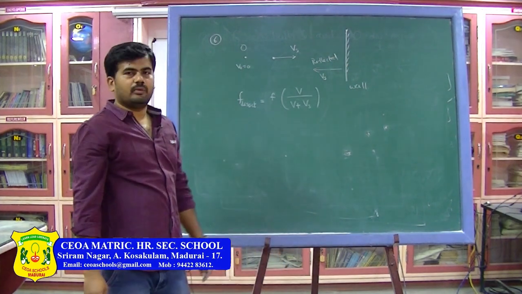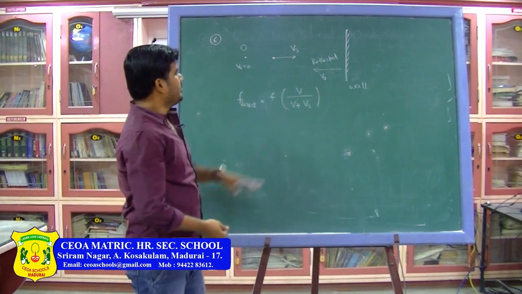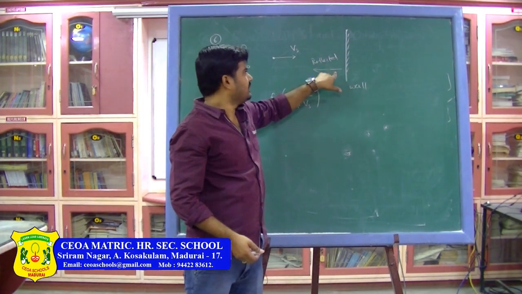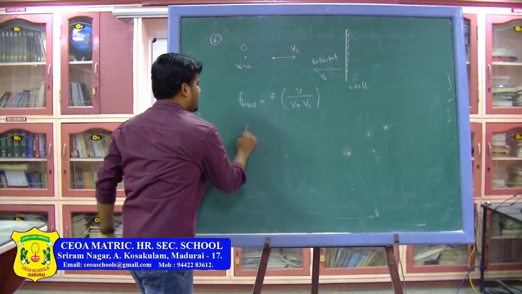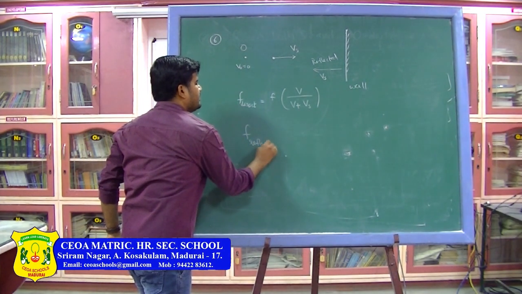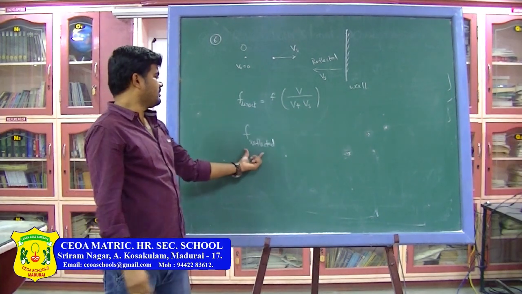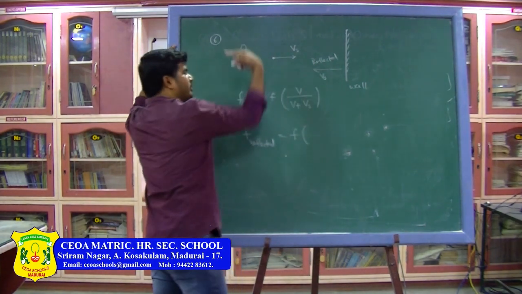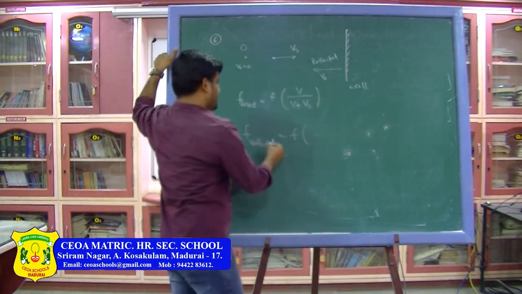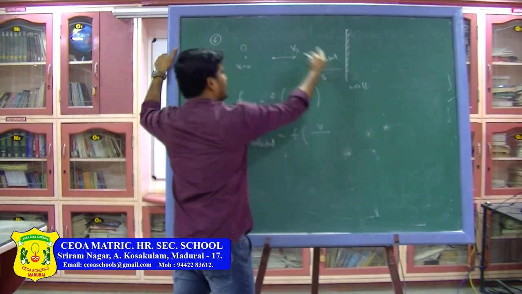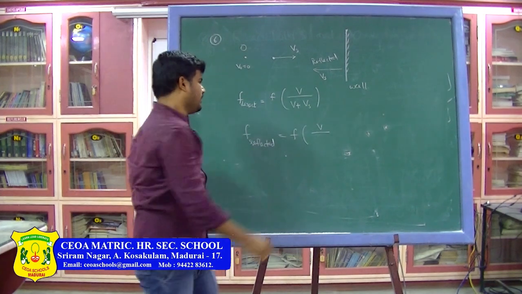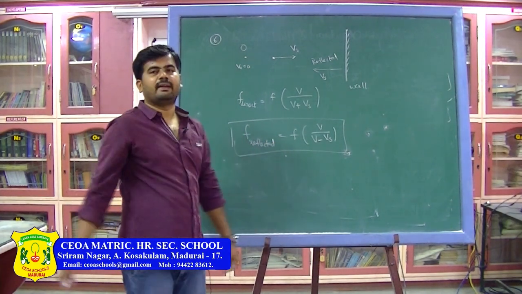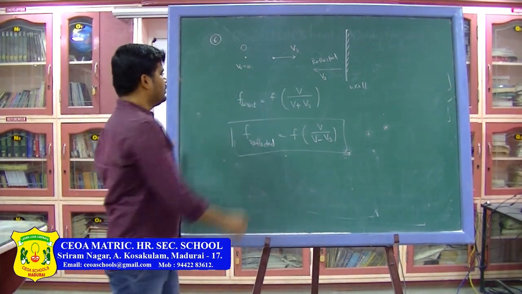Now, the Doppler effect in the reflected sound: you can imagine this as a virtual source of sound which is moving with a speed Vs. Therefore, the apparent frequency of the reflected sound wave observed by this observer, because the source is moving towards the observer, is given by F into V divided by V minus Vs. So, this is the apparent frequency in the reflected sound and this is the direct sound.